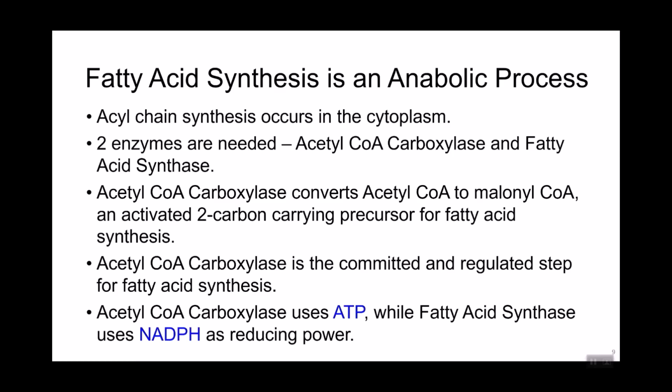This enzyme is going to be the committed step, so the first step in fat synthesis, and it will be regulated in order to ensure that fat synthesis is on when we have excess carbons in the cell. Acetyl-CoA carboxylase, or ACC for short, is going to use ATP, while fatty acid synthase is going to use NADPH as reducing power for this anabolic pathway. So we are going to need lots of energy to make these longer chains from acetyl-CoA.